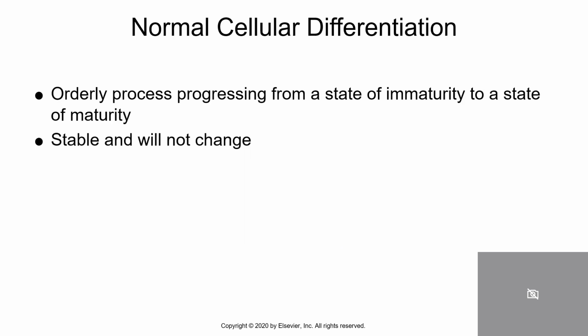Again, typically when we have cellular differentiation, and that's when those cells are dividing, right? It's an orderly process. Cells are maturing from an immature state, and they're differentiating into mature cells. And under normal conditions, that's going to be the process. They're not going to revert back to a previous state.